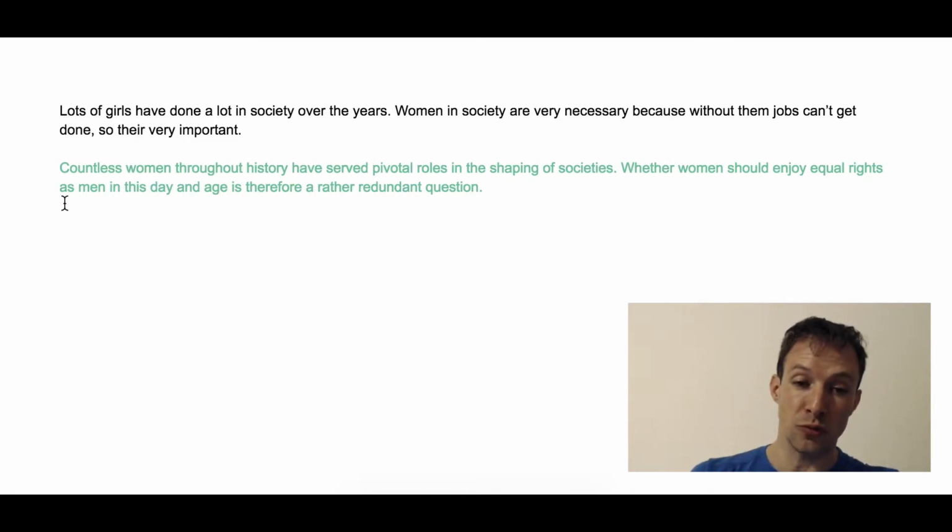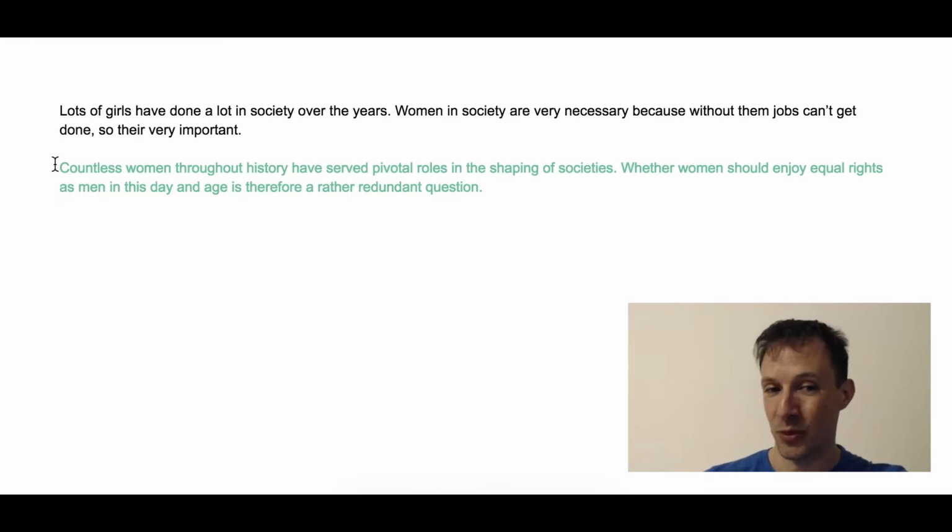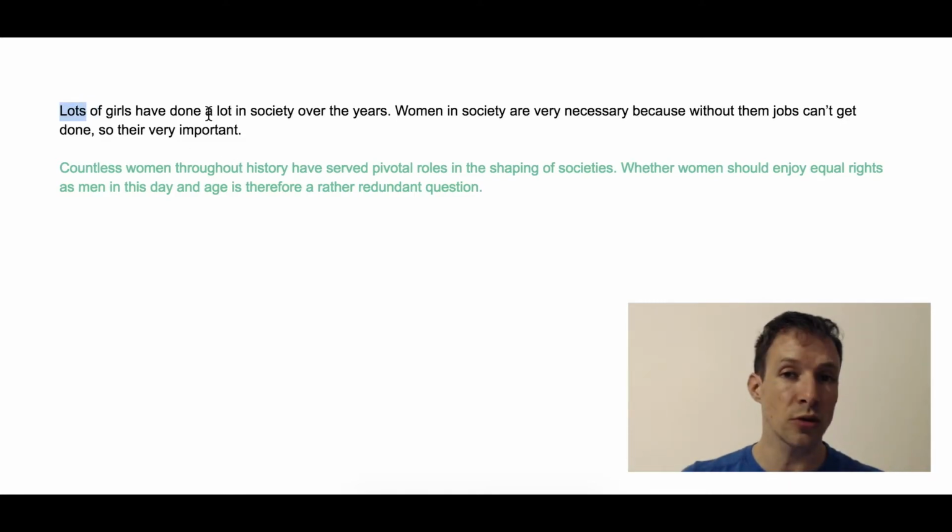Now, if we look at the good version, the high scoring version: "countless women". Doesn't that sound much better, using "countless" instead of "lots of"? Also, you'll see there's no repetition in the second sentence, because if we're repeating terms, we're not going to be picking up points for lexical resource.